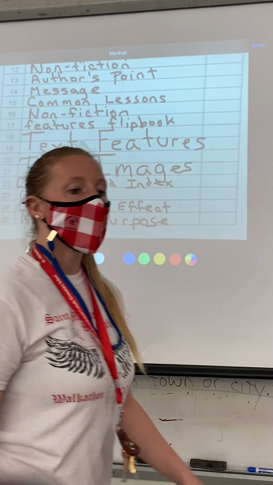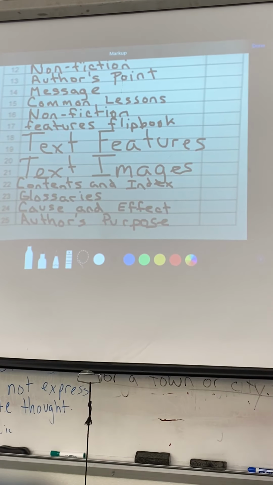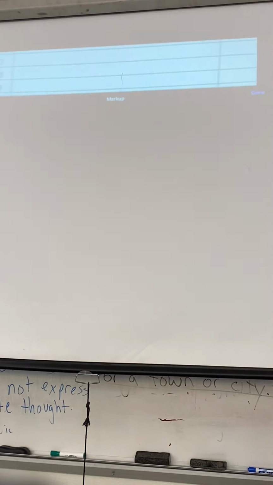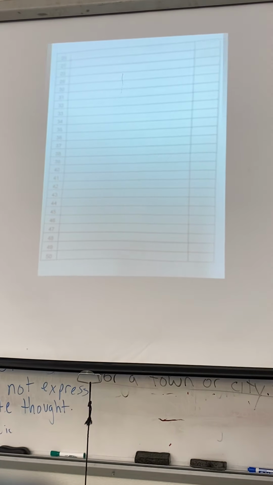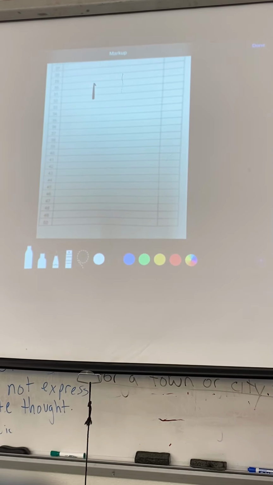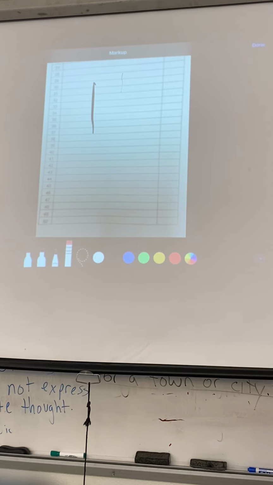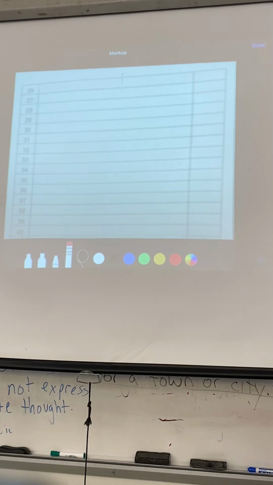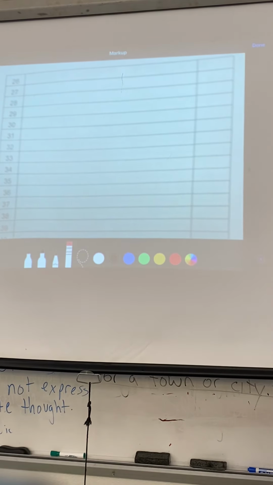Alright, I am going to have to go on to our next page. Hopefully you figured out based off what I've written for that. So on your 26, if for some reason you have a staple over your 26 and you're not really able to write, luckily for a lot of you, it will be the same author's purpose, right?